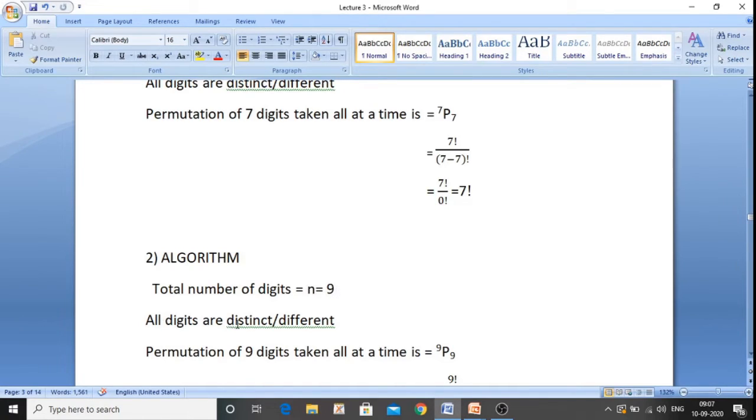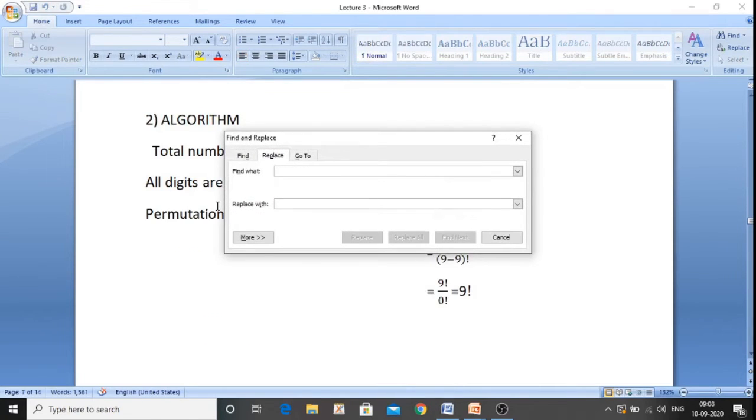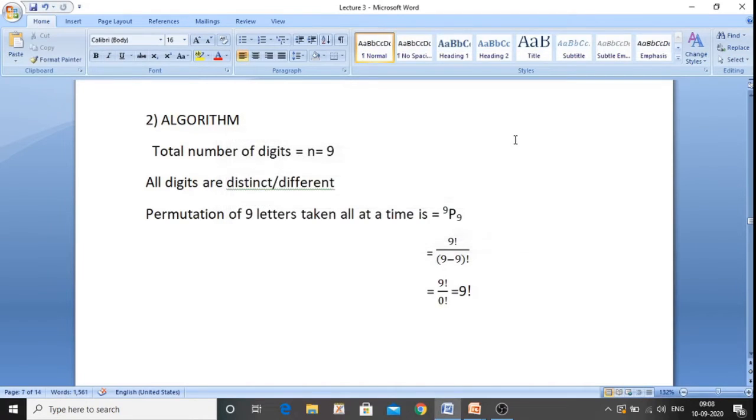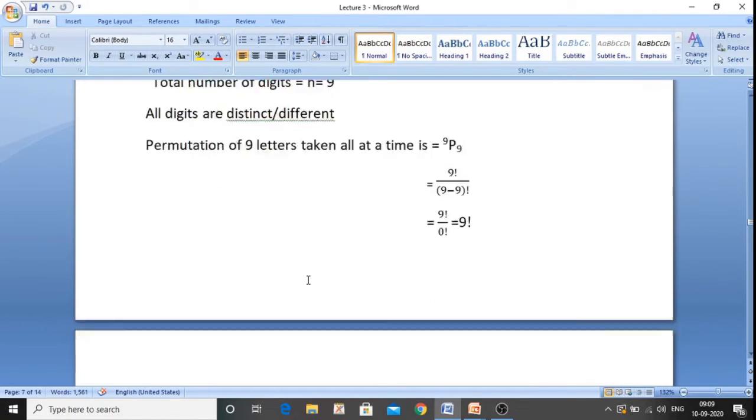Now here also all the letters are distinct or different, and therefore the permutation of all these 9 letters taken all at a time is given by 9P9, that is equal to 9 factorial upon 9 minus 9. So 9 minus 9 is 0 factorial. So the answer is 9 factorial.